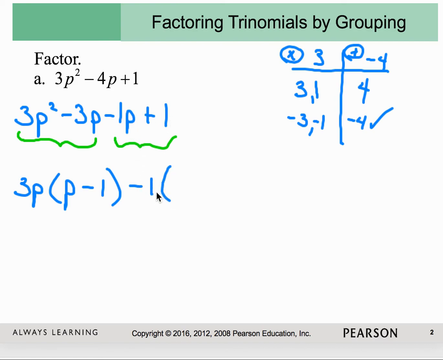We're just going to change my signs. If I take this -1 out, the p is left. If I take a -1 out of a +1, or divide +1 by -1, it leaves -1. Now they both have a p minus 1, so I can factor that out, and what's left is 3p minus 1.